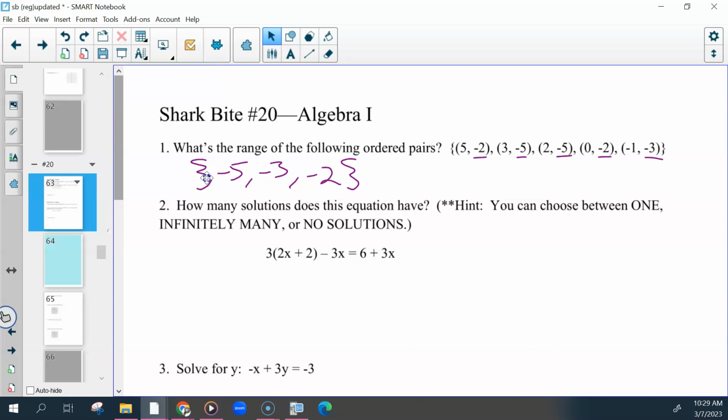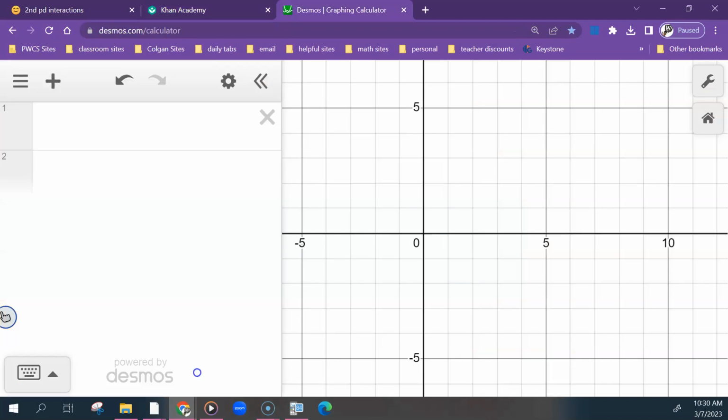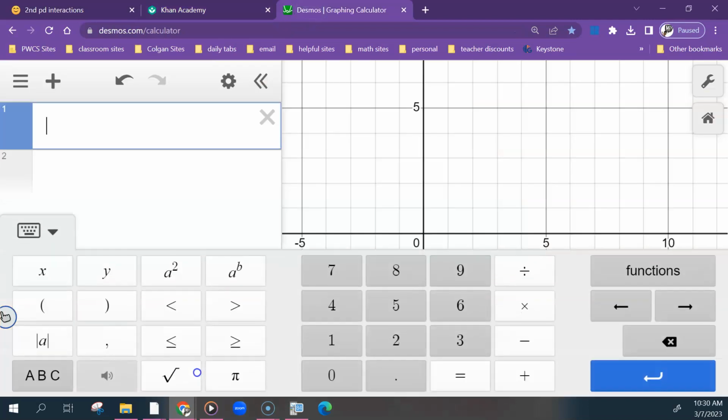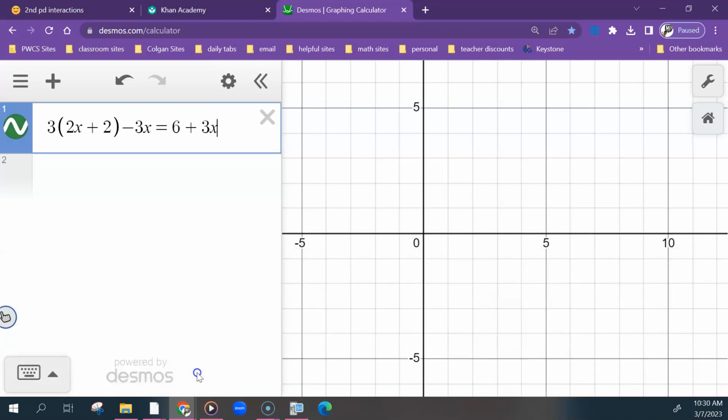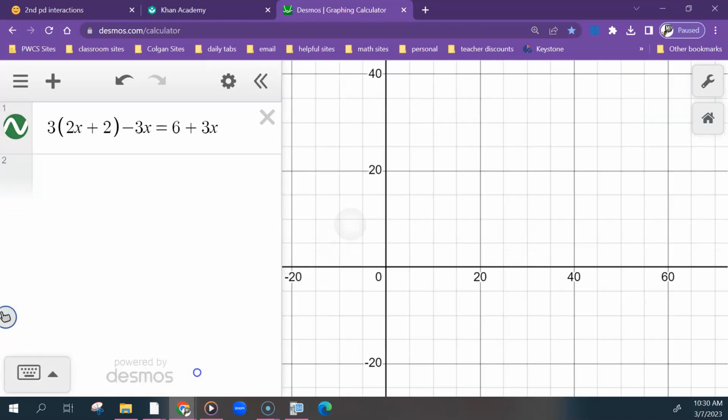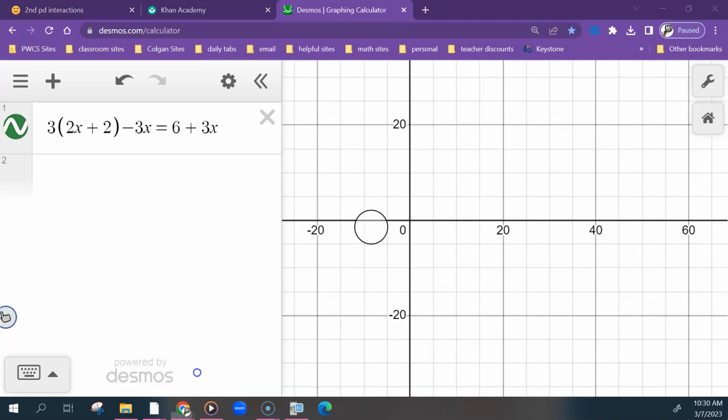For number 2, you could have solved this in Desmos. So if I put this all in, you'll see that nothing happens. As much as you zoom out, they're not there.